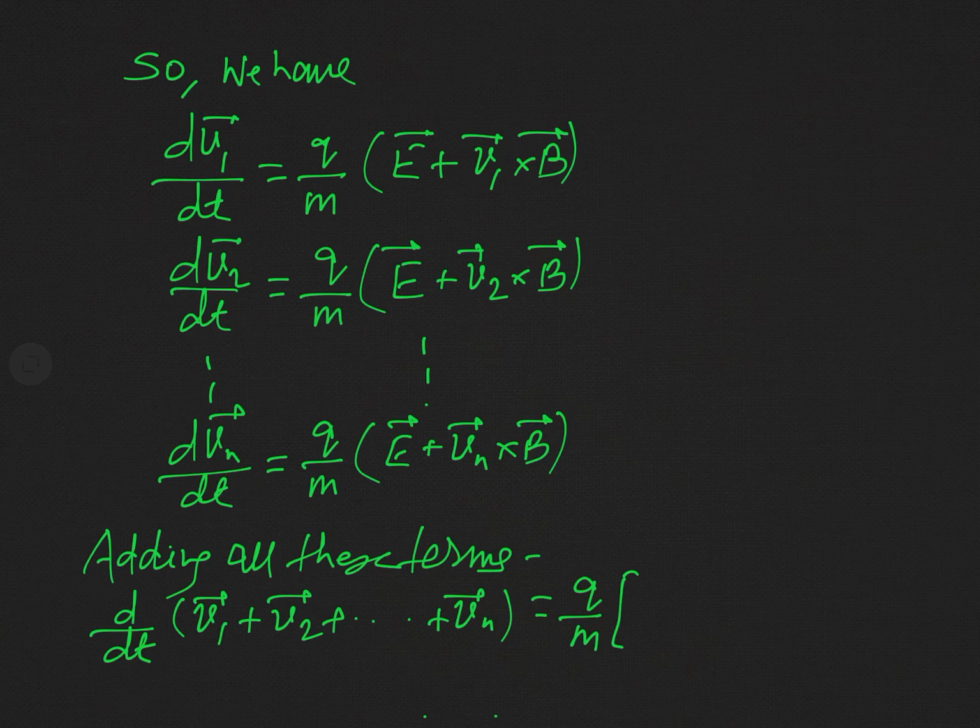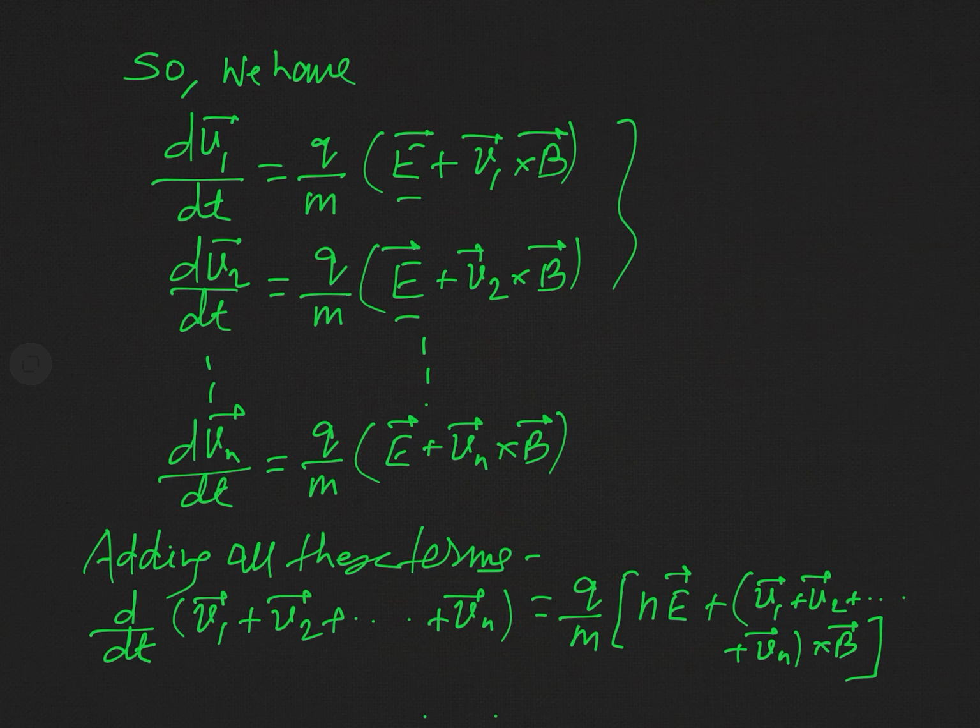When this E is added n times, what will be the result? This will be simply n times E, and plus in the second term we can take B as a common factor, and the remaining term will be (V1 plus V2 plus so on plus Vn) cross B. When we add all these terms, this will be our result.